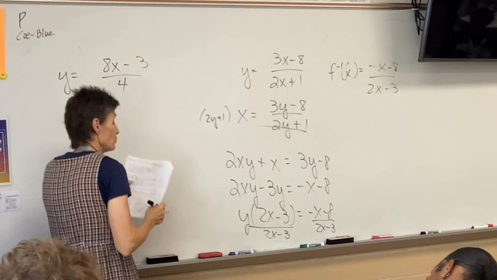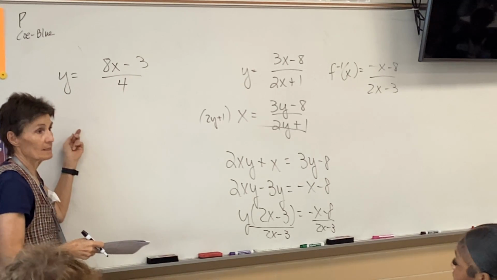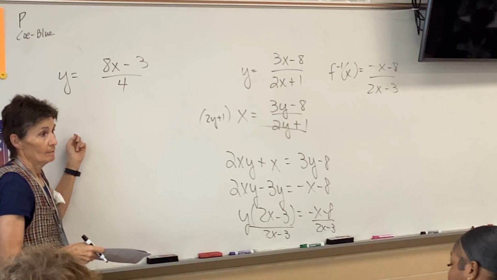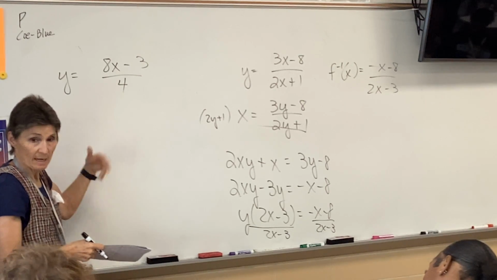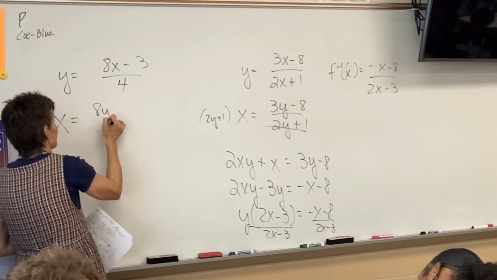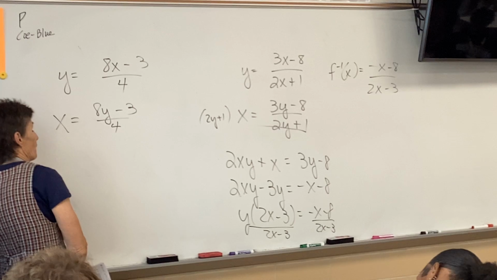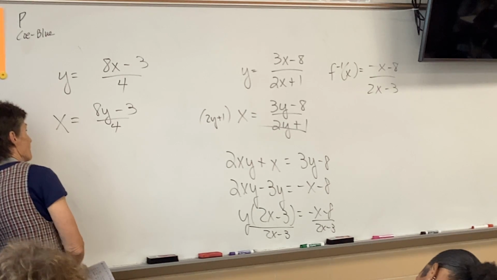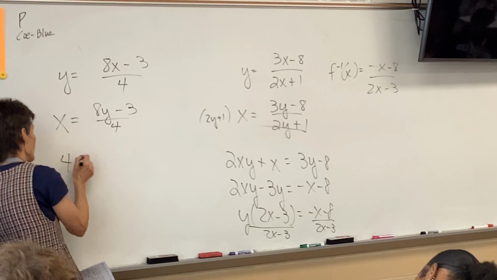Your test will have 2 inverse questions, one like that, and an easier one like this. This one's actually easier. We do the same steps. We switch our variables. And then what do we need to do? Multiply by 4.